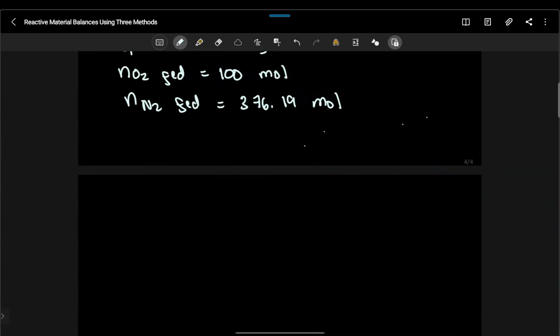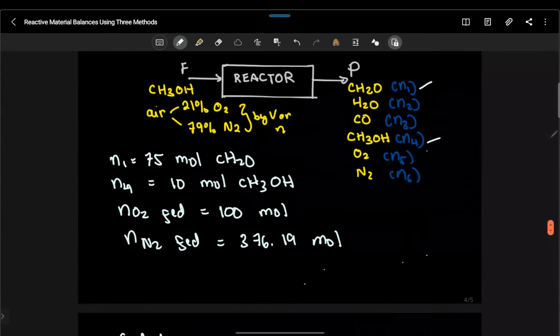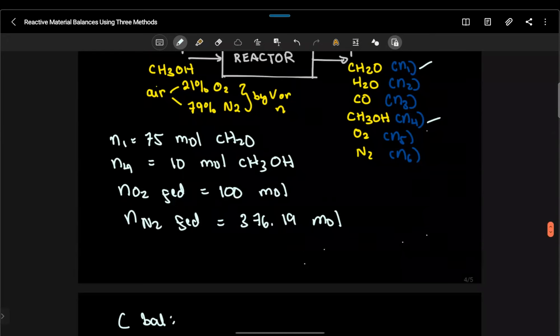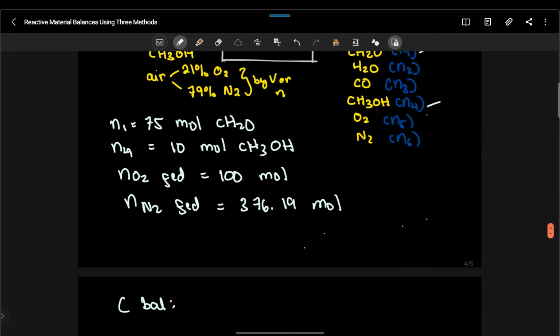So, paano nga ba yung atomic balance method? Now, basically, you will balance each atom, okay, one by one. So, para ka lang na non-reactive balancing. So, umpisa natin sa carbon balance. So, for carbon balance, okay, ilan ba ang carbon na pinasok natin?